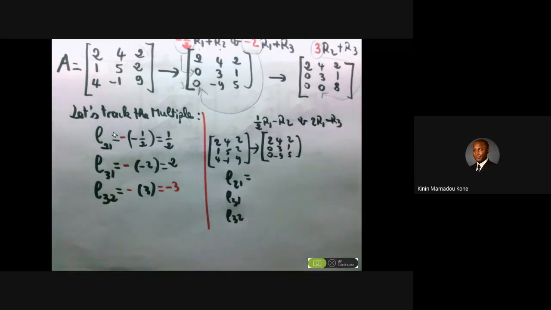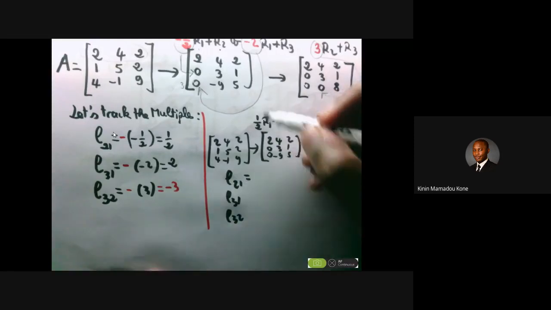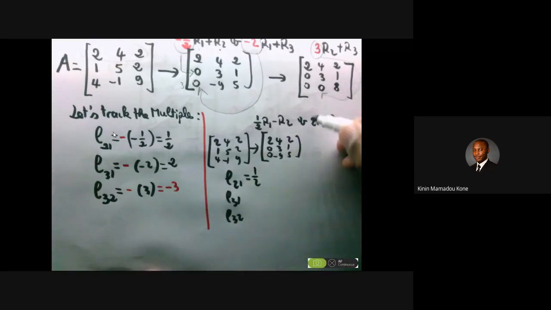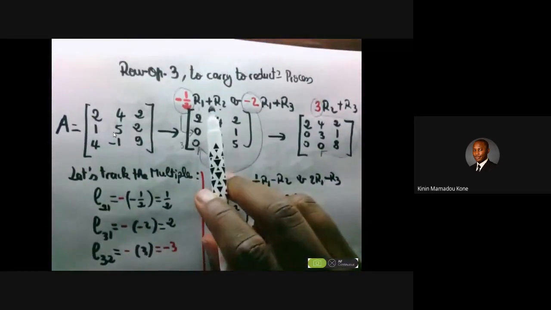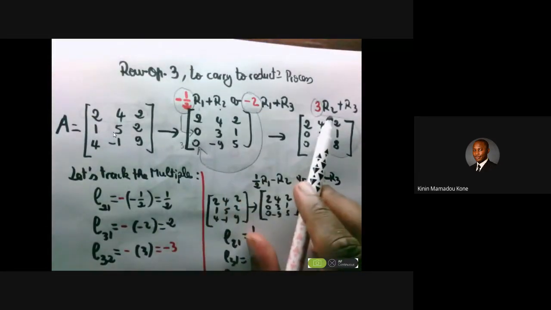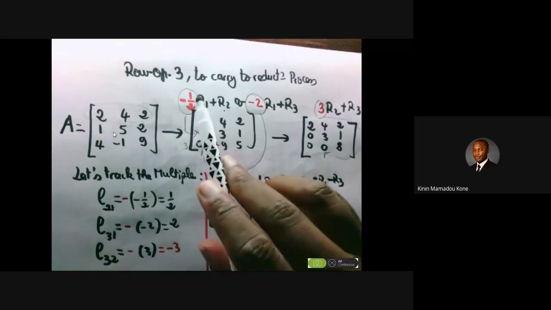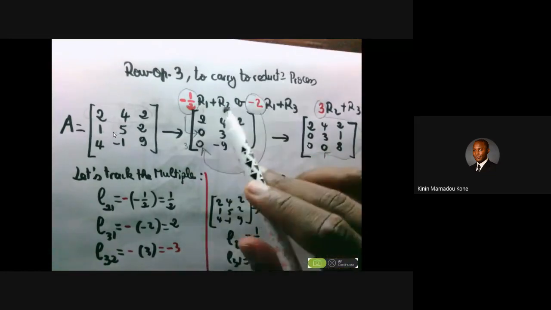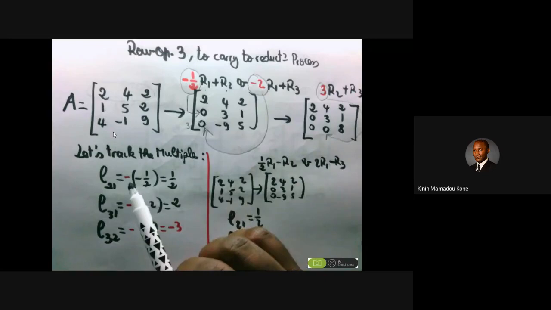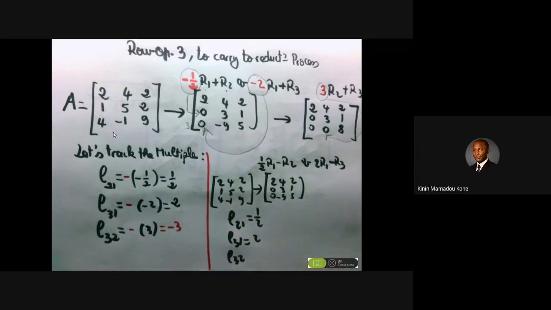You only take your one half and plug it directly here, your 2 you plug it directly here. But if you're doing it the way I do, with a plus in the middle, where you're adding one row to another row and not subtracting, then you have to make it negative. That's a methodology of calculation.